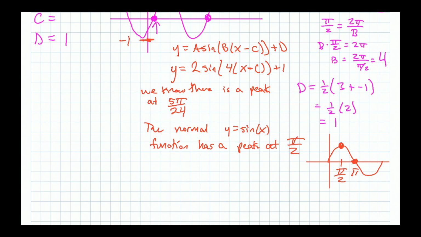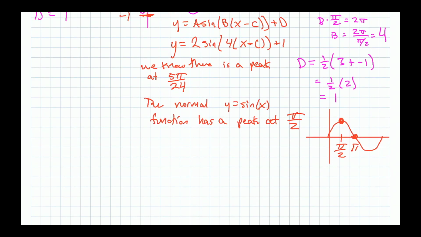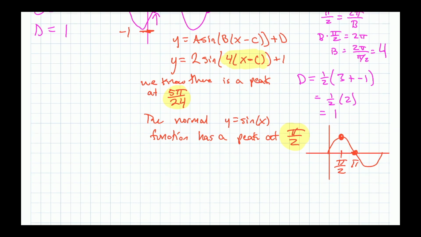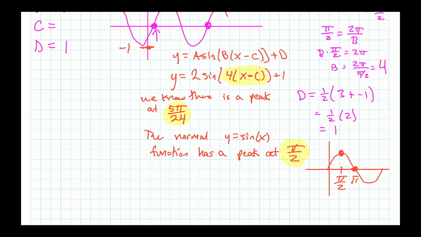So what that means is you've got this inside right here, the 4x minus c, and we don't know what the c is. But what we do know is that if it's a peak when you plug in the 5 pi over 24, then the 4x minus c must give you pi over 2 when you plug in the 5 pi over 24.